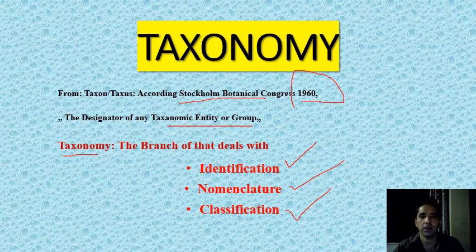Shortly, identification is the recognition of some characters, here in case of plants. Nomenclature is to assign a scientific name to plants, and classification is to arrange the plants into groups and subgroups on the basis of similarities and differences.